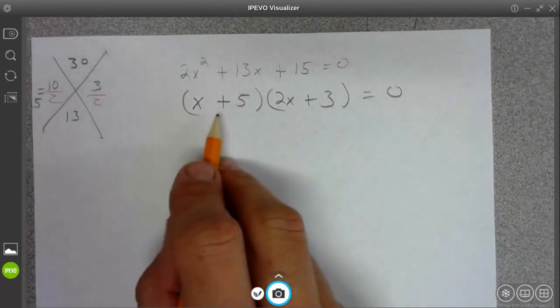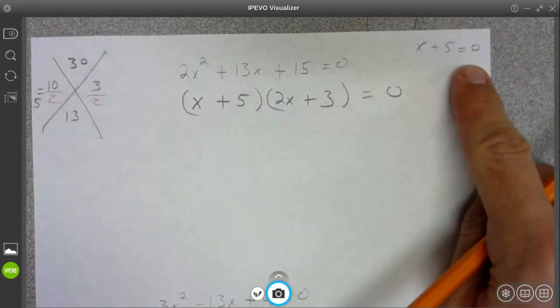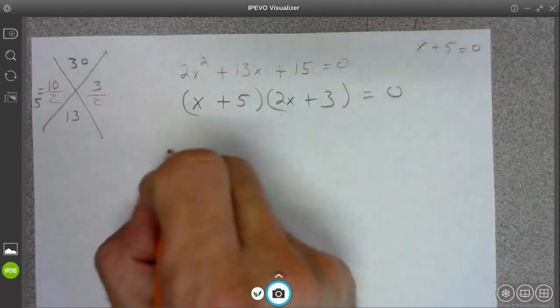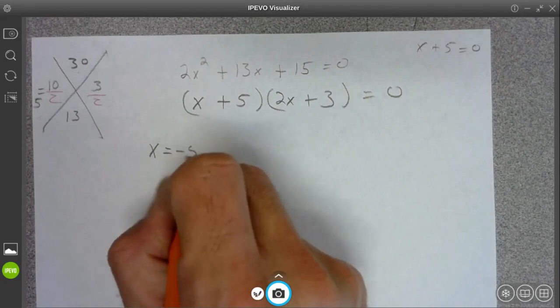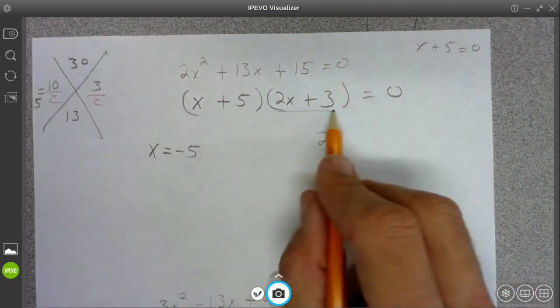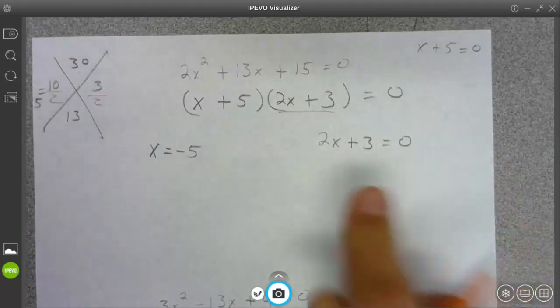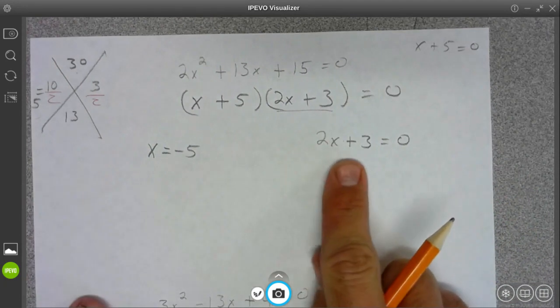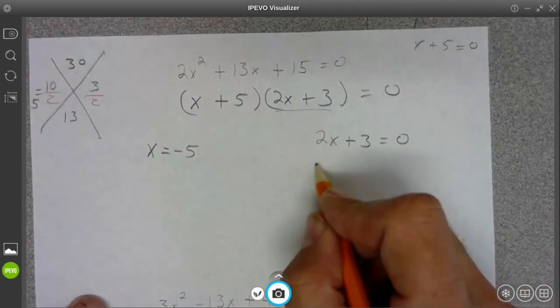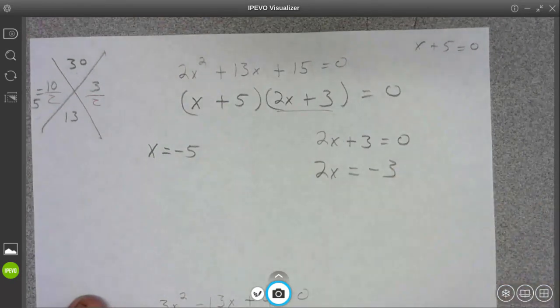So if you did x plus 5, you're just going to get negative 5 for your answer. So x equals negative 5 is one answer. And then you're going to take this factor, and we're going to set that equal to 0. And we'll solve for the x. So minus 3 on both sides. 2x is equal to negative 3.